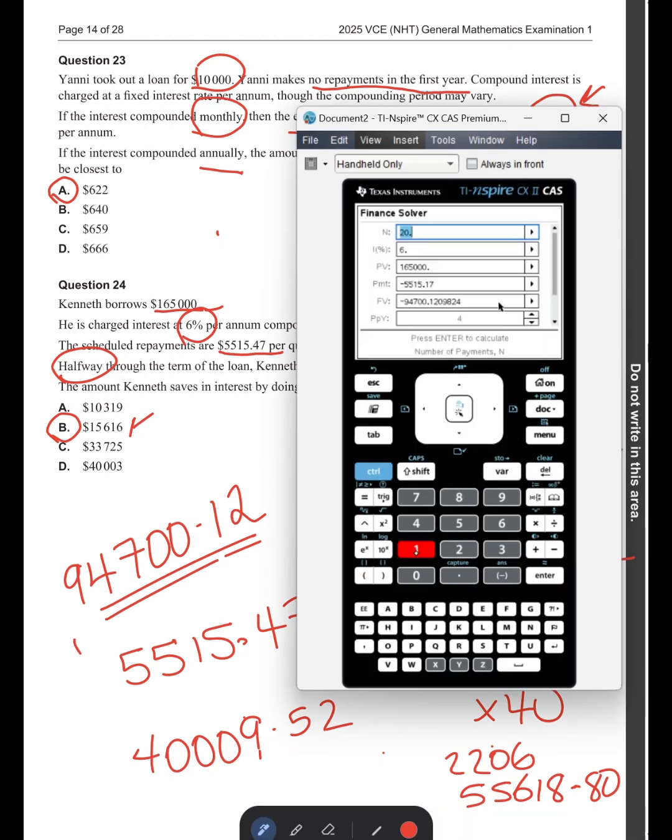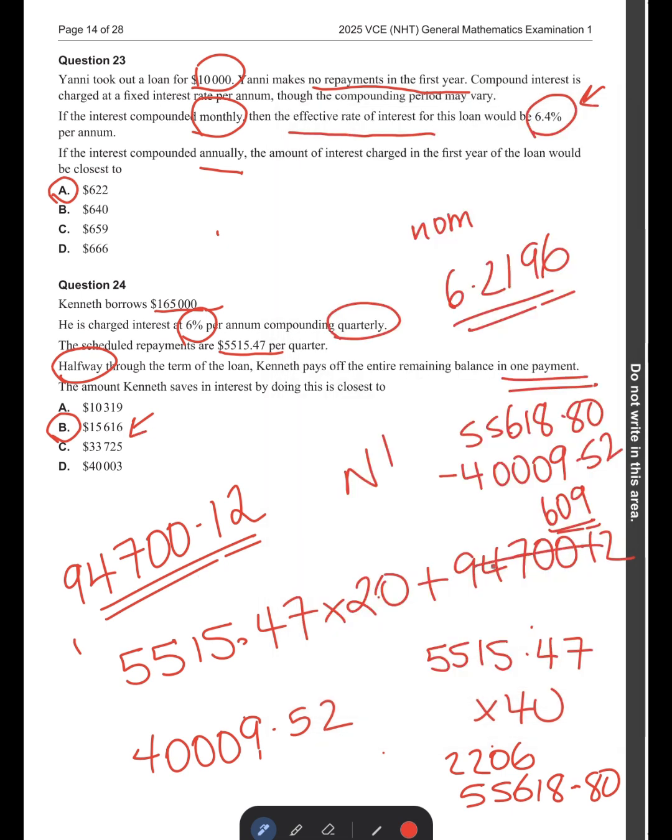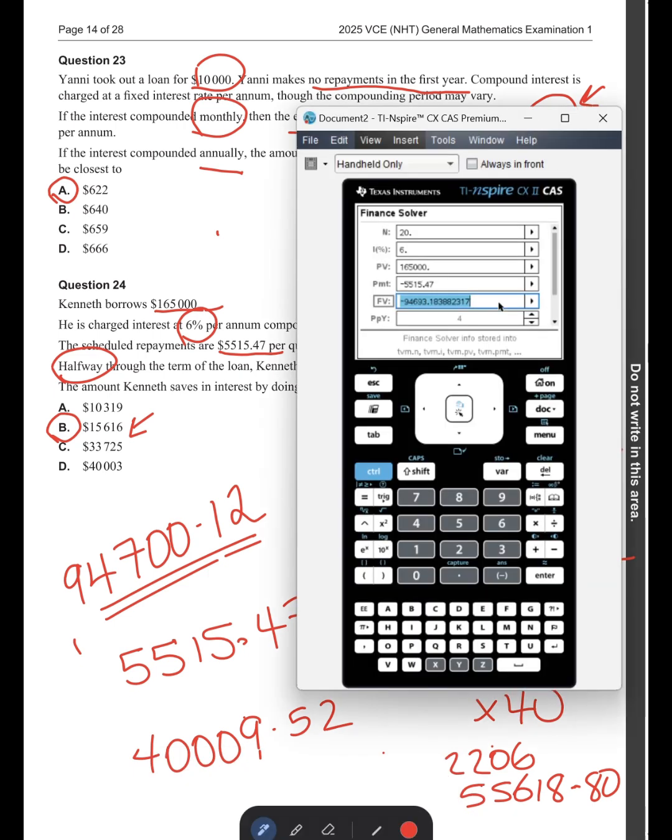Again, in the long run, it's not really going to change much of what we have. So can you see what I've done here? I actually did this as 17 and not 47. So let's see how much that changes it. Yeah, it changes it a bit. It's 94693.18.